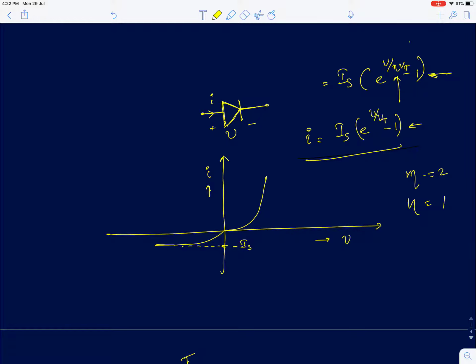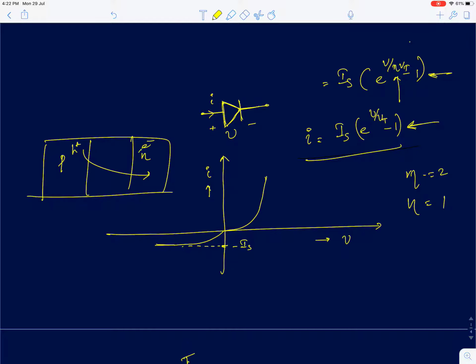In fact, there is something called the ideal diode equation, which is the derivation for this equation. When we derive this equation, we make certain assumptions, and those assumptions are generally called the ideal diode assumptions. One of the assumptions is that in a PN junction, you have the holes diffusing to the n side and the electrons diffusing from the n side to the p side, and we assume none of the carriers undergo recombination within the junction.